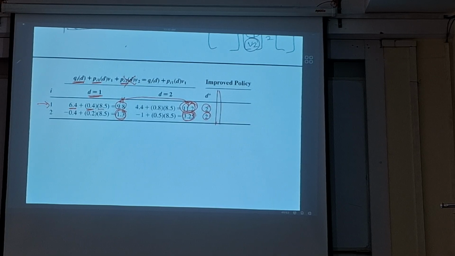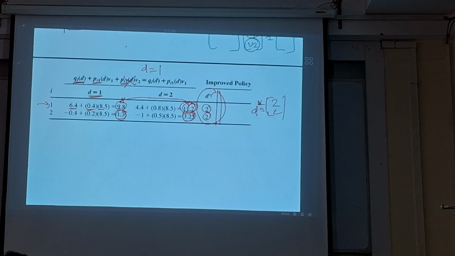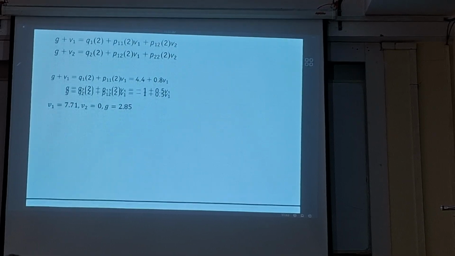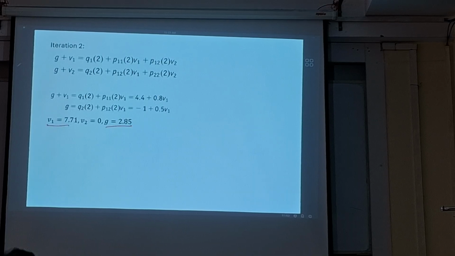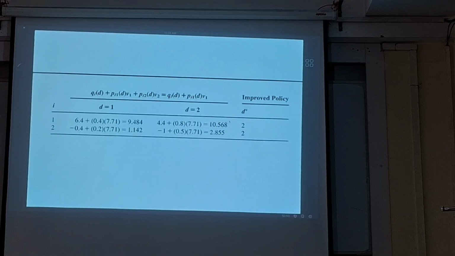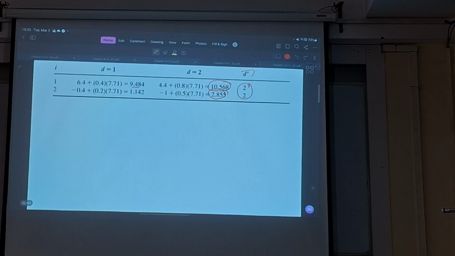Even though we started with policy 1, now we find that for both states the policy actually is different. If we move on to the next step, a matrix resolution is available here as well. We move on to the next step, the matrix U is this one, G is this one, and we find that still this one is better than this one, so the policy is. So we conclude that policy 2 is the optimal policy for this system.